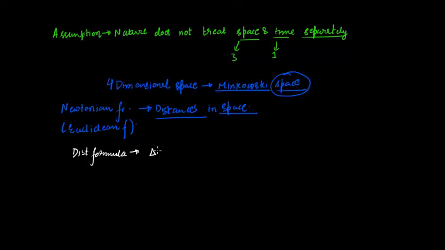We can write s squared, which is the distance squared, is going to be t squared, outside the braces of course, plus x squared plus y squared plus z squared. And of course you cannot simply add the time, you will need a conversion factor, and that conversion factor is known as c, which will later turn out to be the speed of light.